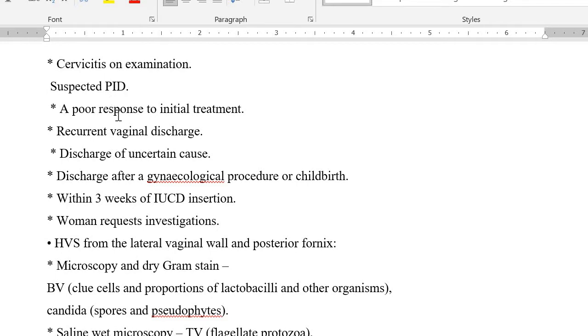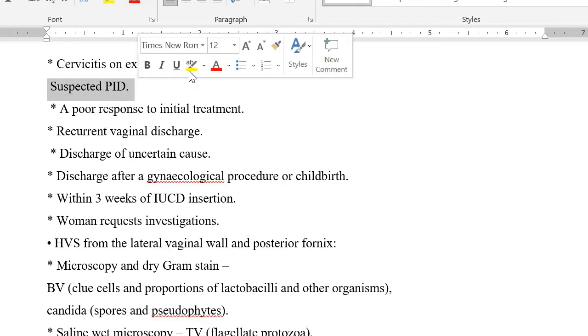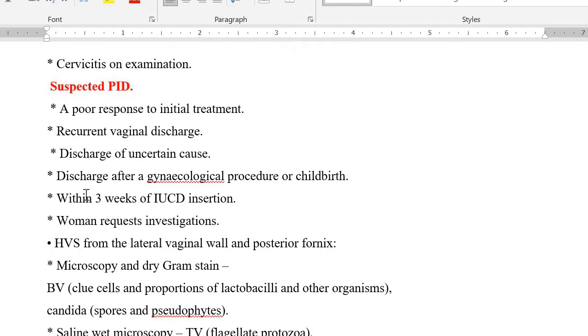You should also suspect PID if the patient has a poor response to initial treatment, or recurrent discharge: you treat it and again the patient has discharge. Also discharge of uncertain cause, and discharge after a gynecological procedure or childbirth, or within 3 weeks of IUCD insertion. Or the woman requests investigations. The high vaginal swab is taken from the lateral vaginal wall and the posterior fornix, and then microscopy has to be done.